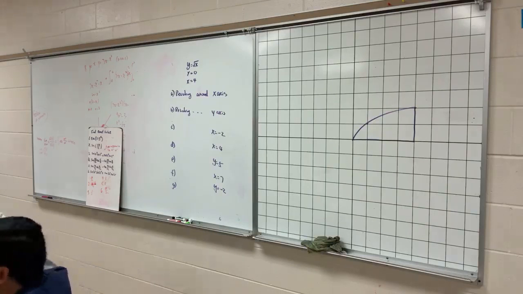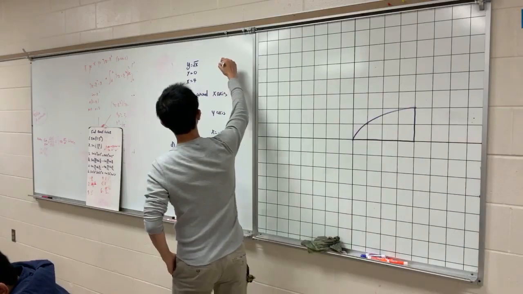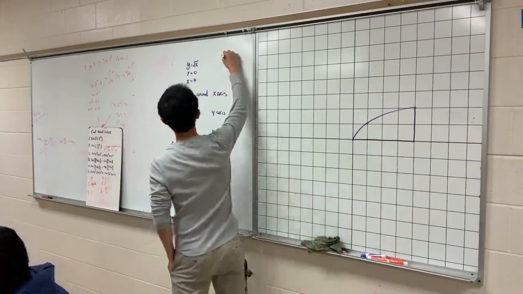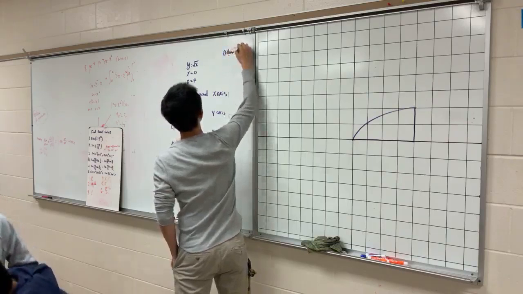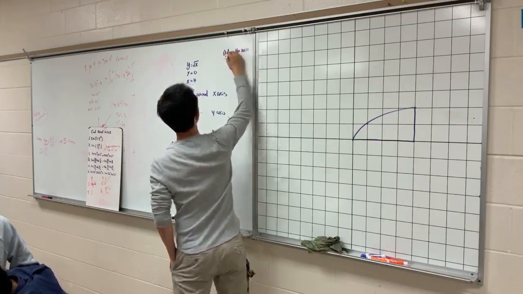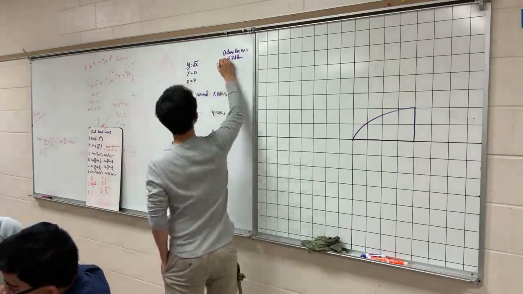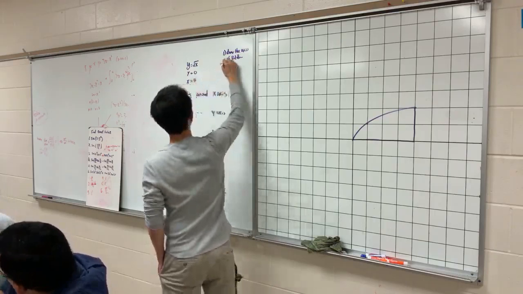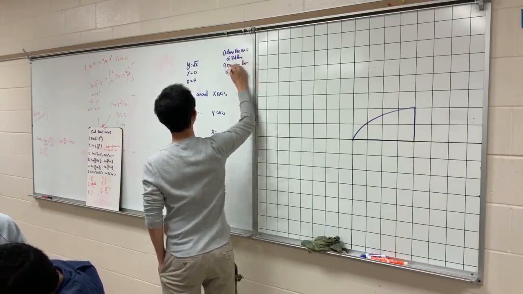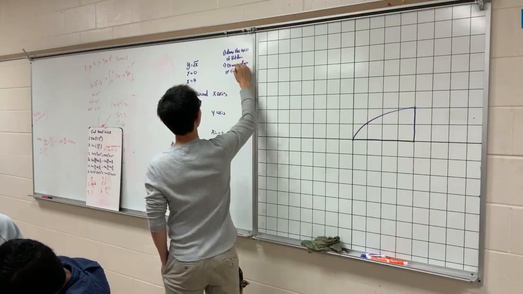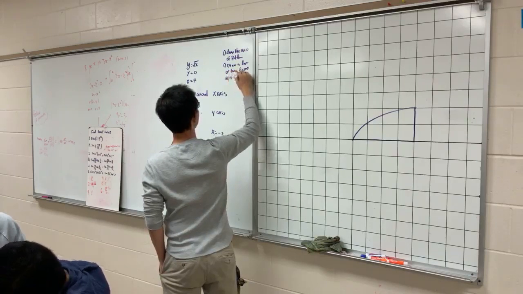Okay. So you're going to start by revolving around the x-axis. The first thing you tell yourself is what kind of thing you have to draw. So I'll write down the steps. Step one is draw the axis of rotation, and make sure you do a rotation mark on it. Two, draw a line or two lines, depending on whether it's a disc or washer, from the axis of rotation to the curve.